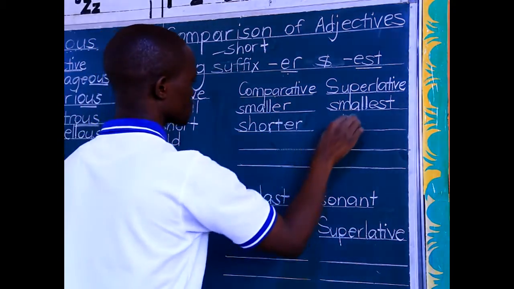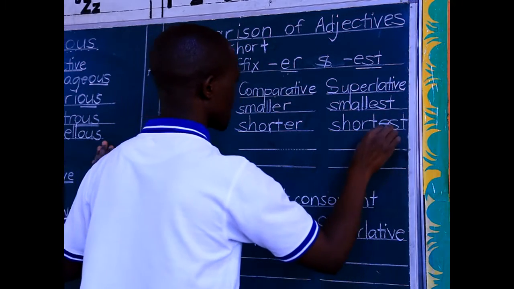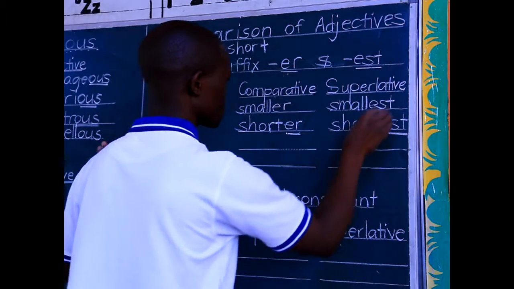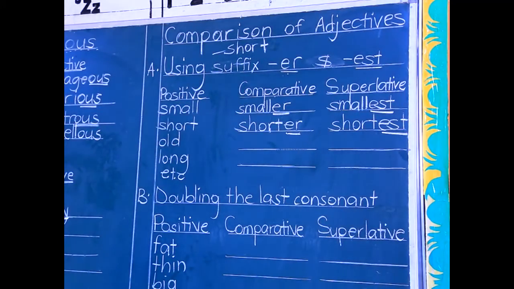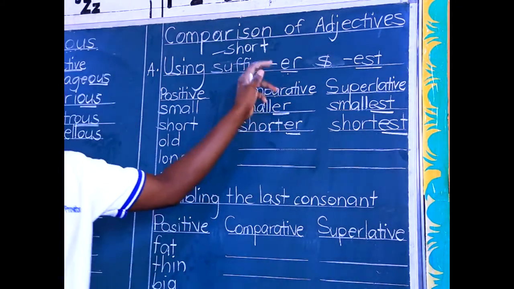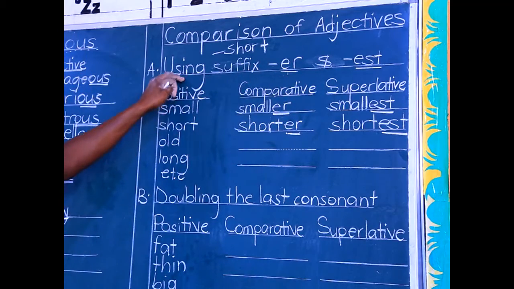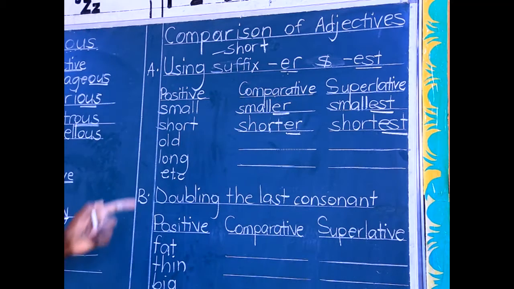Then shortest, which is short plus est, the suffix the teacher has given you. Don't forget, always read and master the instructions before you go ahead to form the different degrees. You have to master this. What does the rule say? Using suffix er and est to form the comparative and the superlative degrees respectively.